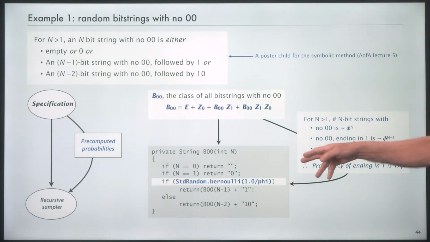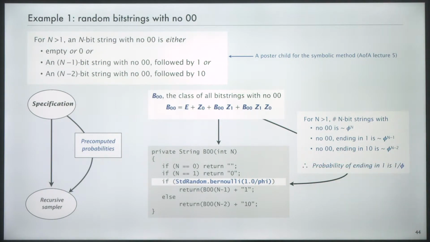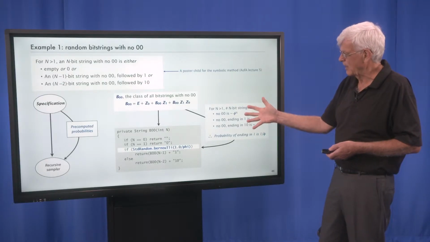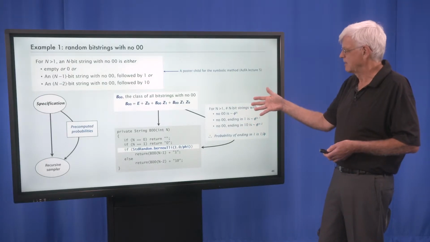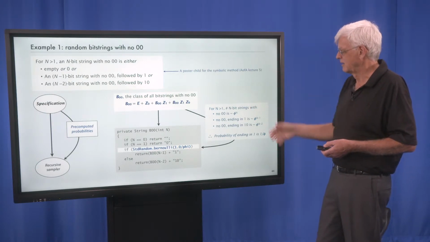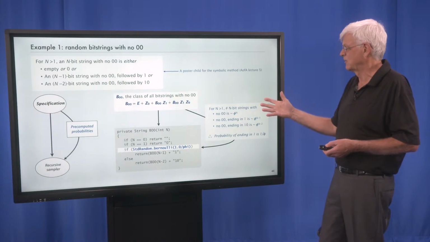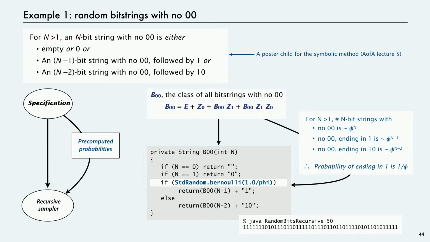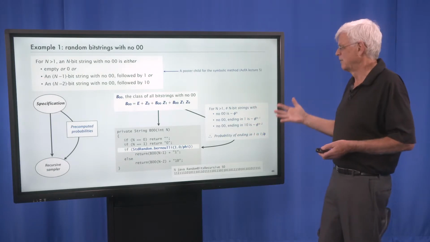Otherwise, we generate one of size n minus 2 and add a 1, 0. That's a recursive program that's going to generate a random bit string having no occurrence of 2 consecutive zeros. And that'll work in linear time for large n. It's a fine way to solve this problem in this case.